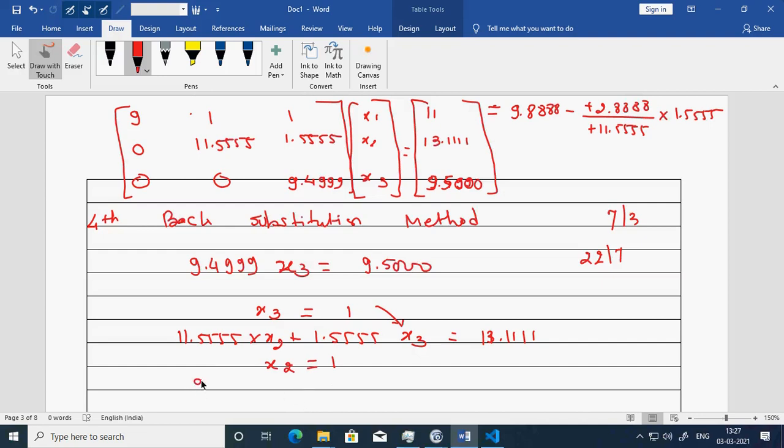From the first equation, I get 9x1 plus x2 plus x3 is equal to 11. We know this value is 1, we know this value is 1, and from this I get x1 equal to 1. So this process that I have written is called the back substitution method. If you have understood the back substitution method, you can type B.